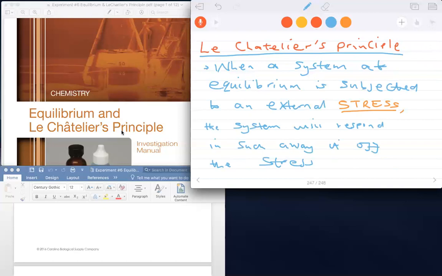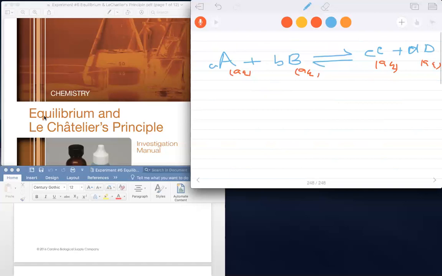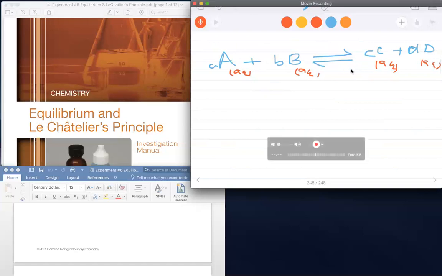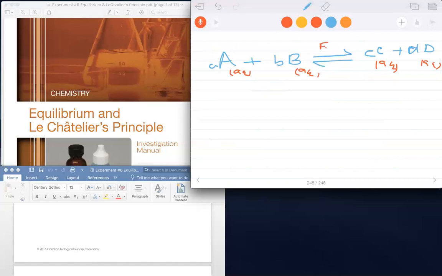A system at equilibrium, right here, has a forward reaction and a reverse reaction.